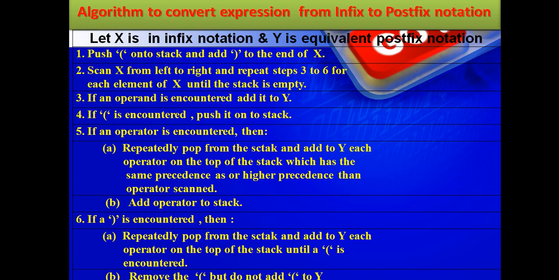What is the meaning of this? Shall I read once again? Repeatedly pop from the stack and add to y each operator on the top of the stack which has the same precedence as or higher precedence than the operator scanned.